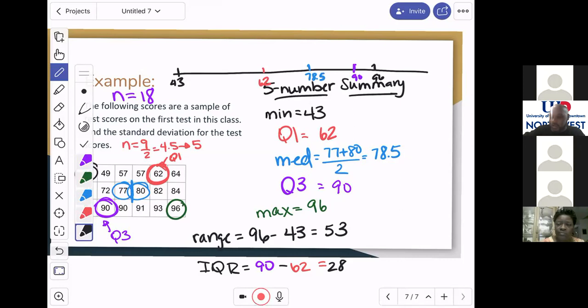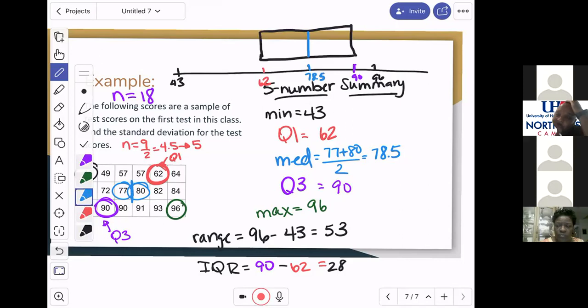And here's how this works. The box is the IQR, and the IQR is from Q1 to Q3. So I make the box from here to here. Inside the box is the median. The median does not have to be in the exact middle of the box, by the way.